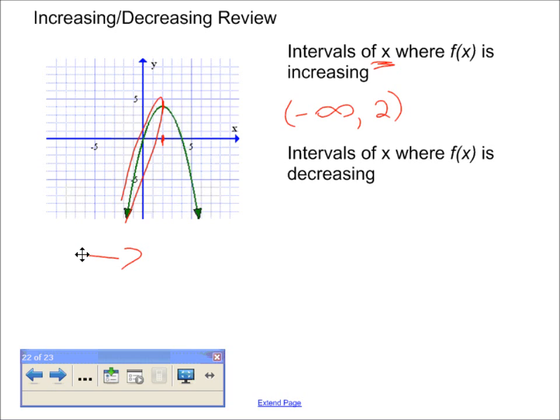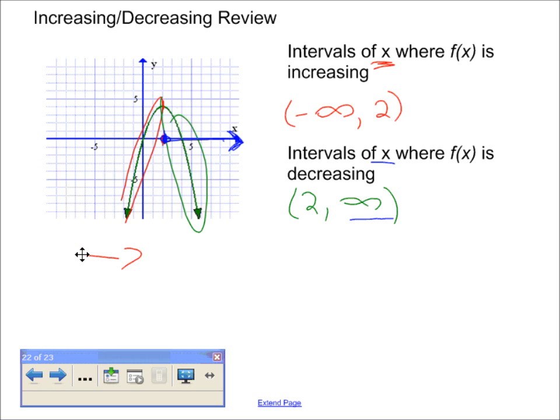And it's decreasing from 2 to infinity. And this is the part that confuses people, they're like, well, it's going down, so why is it infinity? But it's asking what values of x. And if we look, the function is decreasing over these values of x. And so that's 2 to infinity.